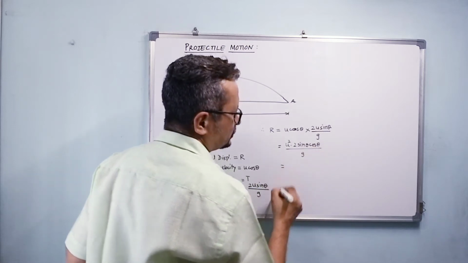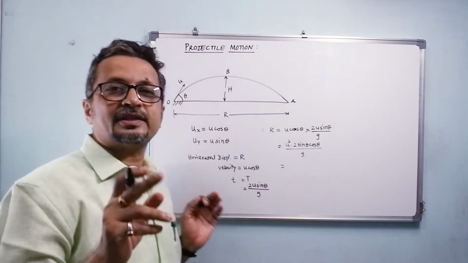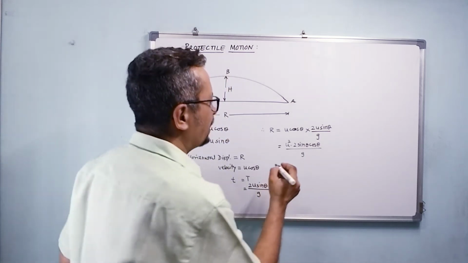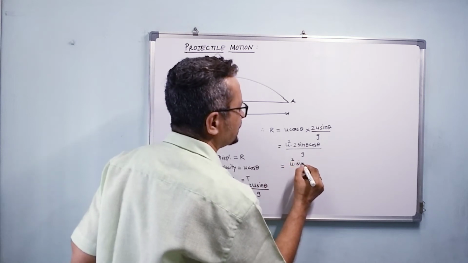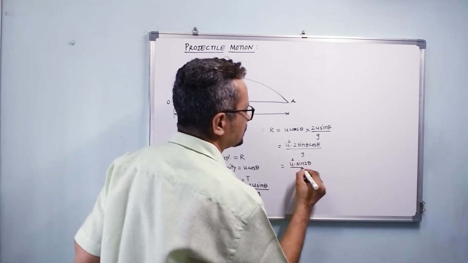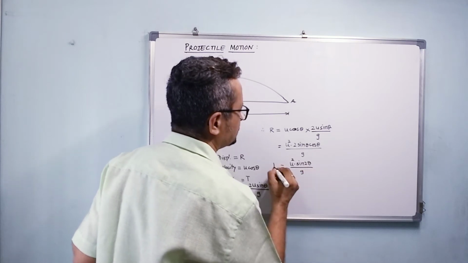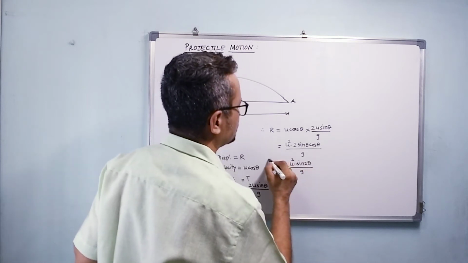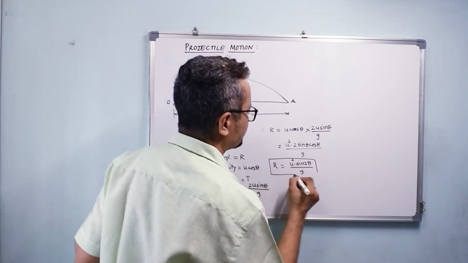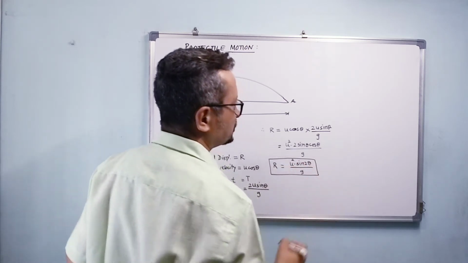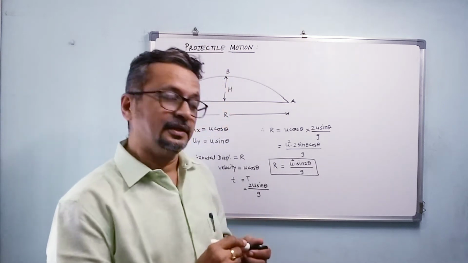Okay, now 2 sin theta cos theta is sin 2 theta, so I would write this as u square sin 2 theta upon g, that is my horizontal range. So this is the formula of horizontal range, right?